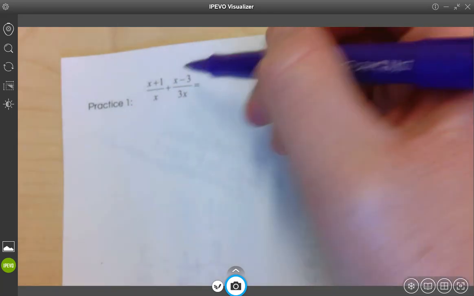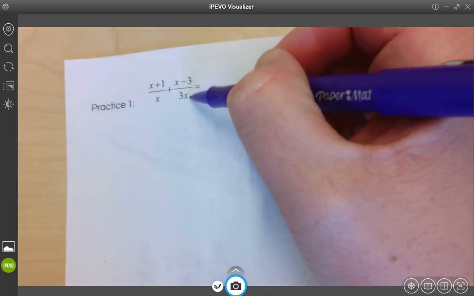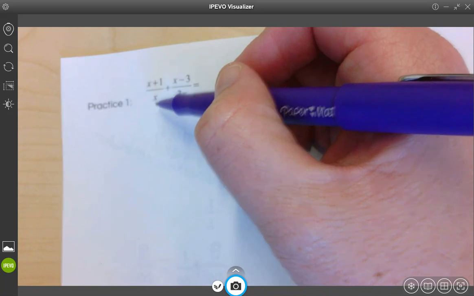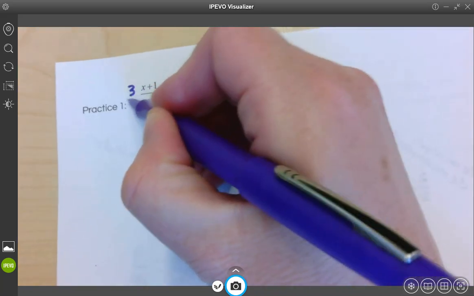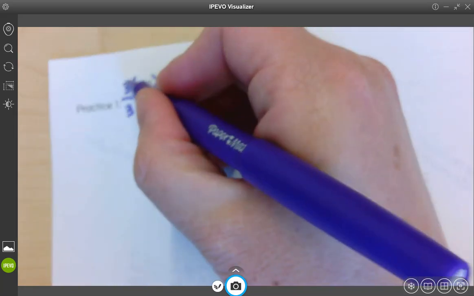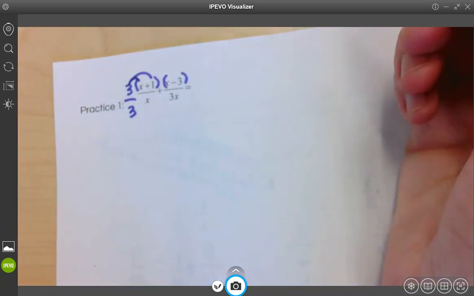All right. This denominator is x, this denominator is 3x, so I have to multiply the first fraction by what number? 3 over 3, good. It does help to put these in parentheses because then it will remind you that this 3 distributes to the x and to the 1.